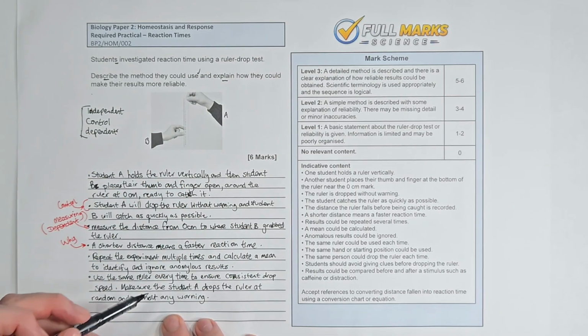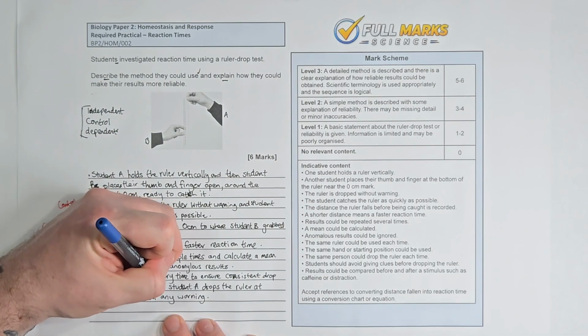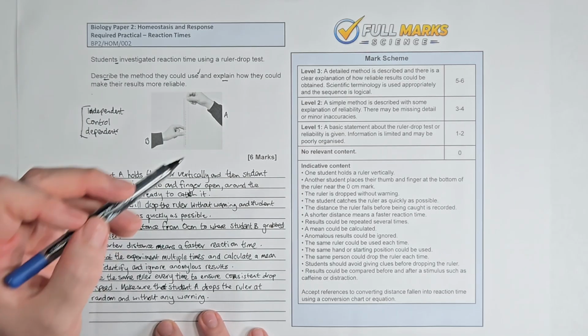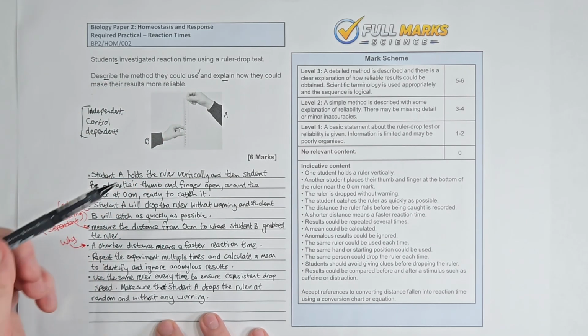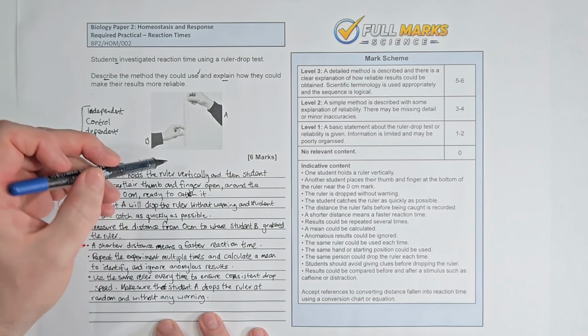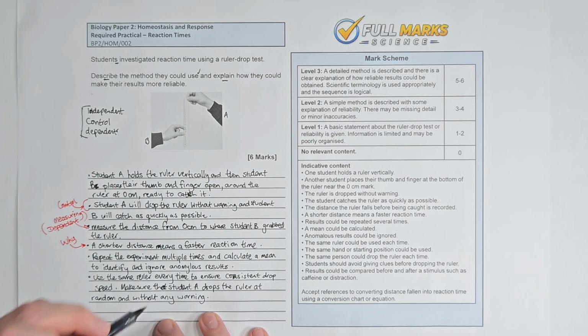That'll do for that one. Make sure that student A drops the ruler at random without any warning. Again, that's improving our accuracy, because if they give them a heads up and say, right, you ready, then that's giving them a clue that it's about to drop, and it's going to make them react a bit faster. So doing it without warning, that's always a really good plus point if you're writing a method for this experiment.